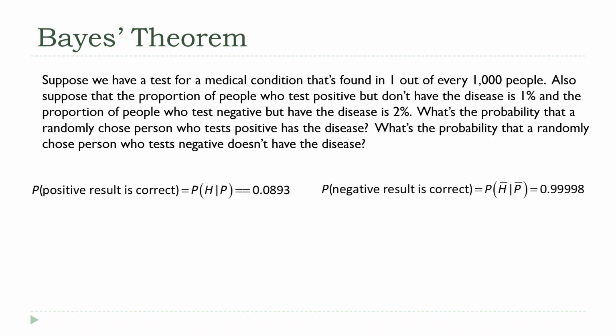Right? So it would be advantageous to use this test first, weed out the people who don't have the condition at all, and then do the second, more expensive test, only in the case where we need to confirm the first one. Right?